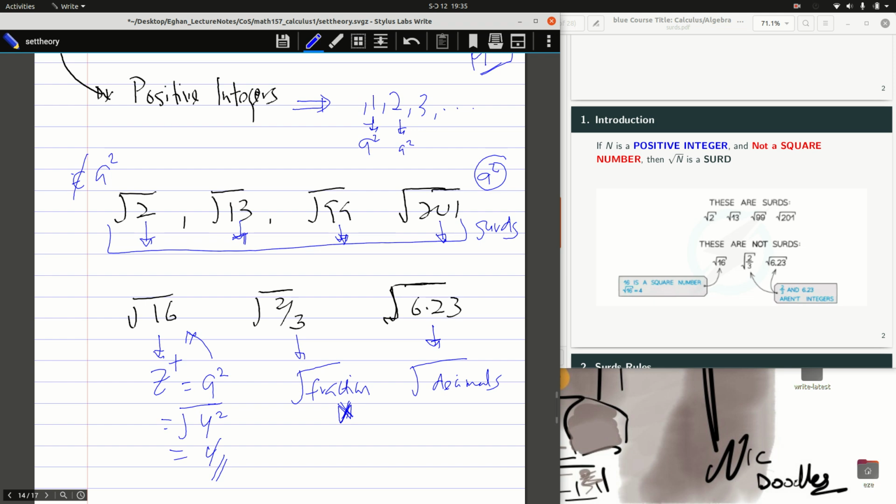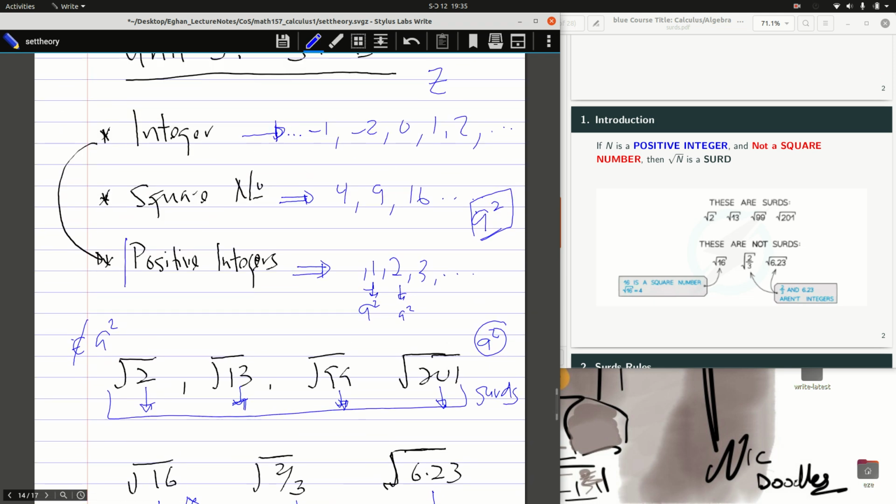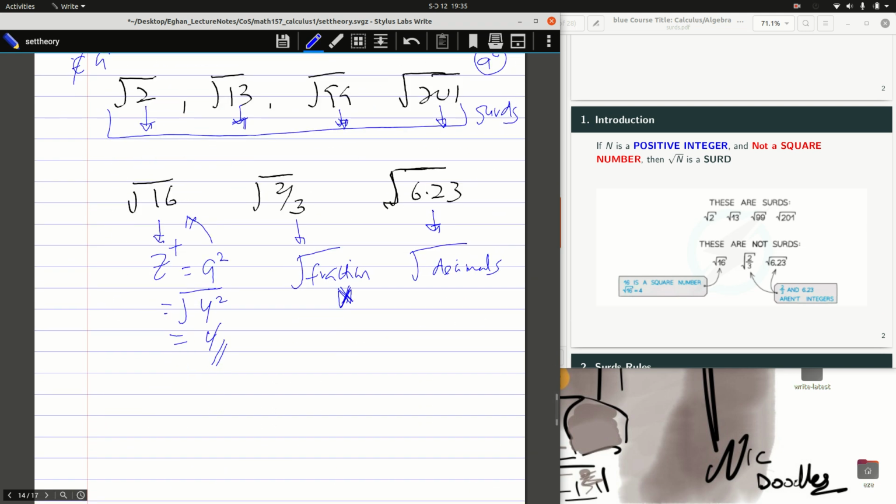These are all on the real line, but they are not integers and they are not positive integers. So I don't even move to the squared aspect, but just them violating the rule of being a positive integer is enough to say that, hey, these guys are not sets. I hope that is clear enough.